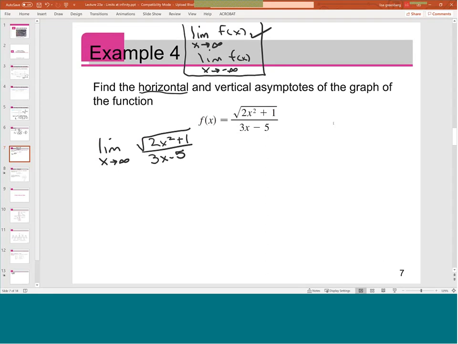Okay, so now I have this, and I want to know what happens as I get to negative infinity. Well, I can say that, is this true? If x is less than 0? Is that true?